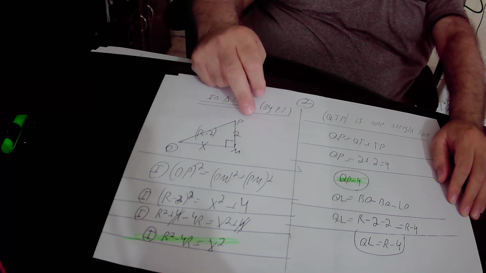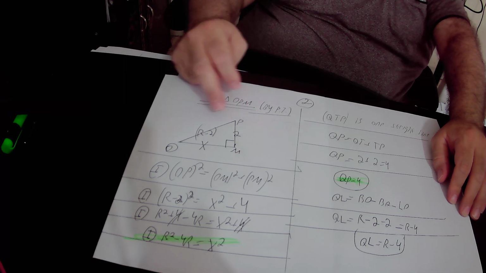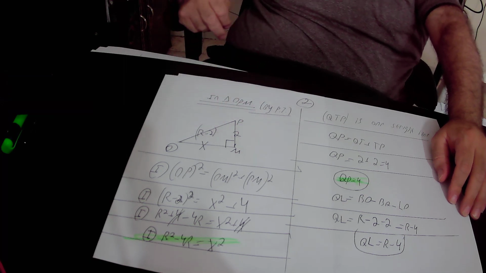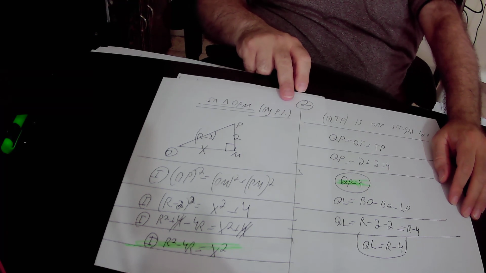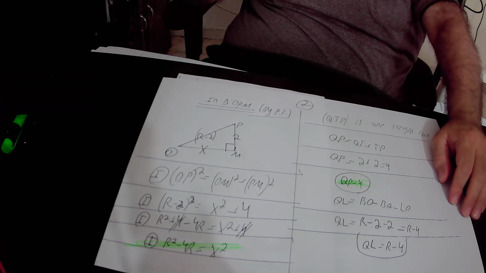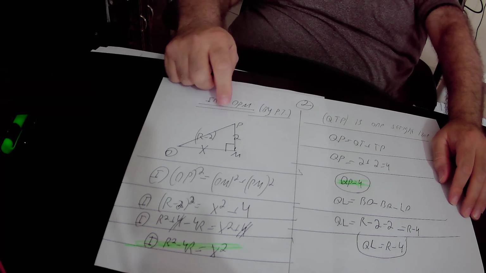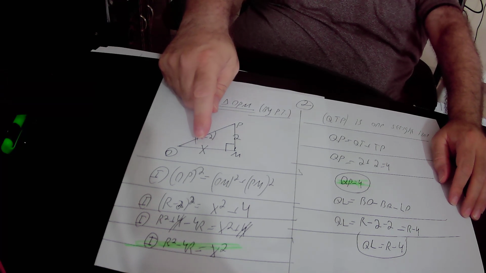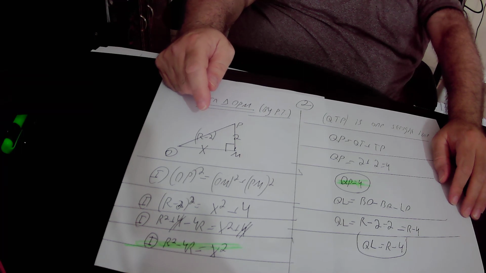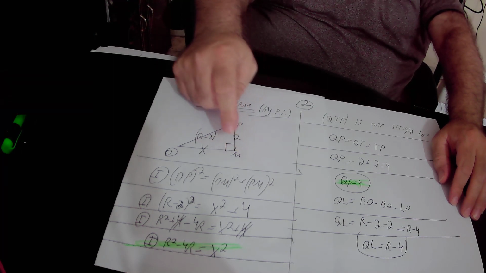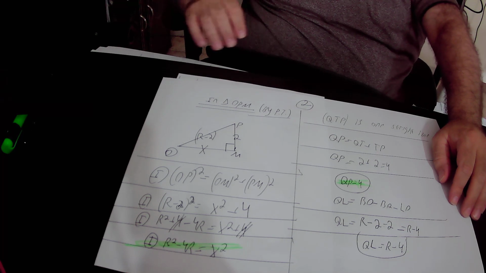PM is the radius of the circle that is equal to 2 units, and OM equals x. According to the Pythagoras theorem, the square of the hypotenuse equals the sum of the squares of the perpendiculars. The square of the hypotenuse is OP squared, and it must equal OM squared plus PM squared.